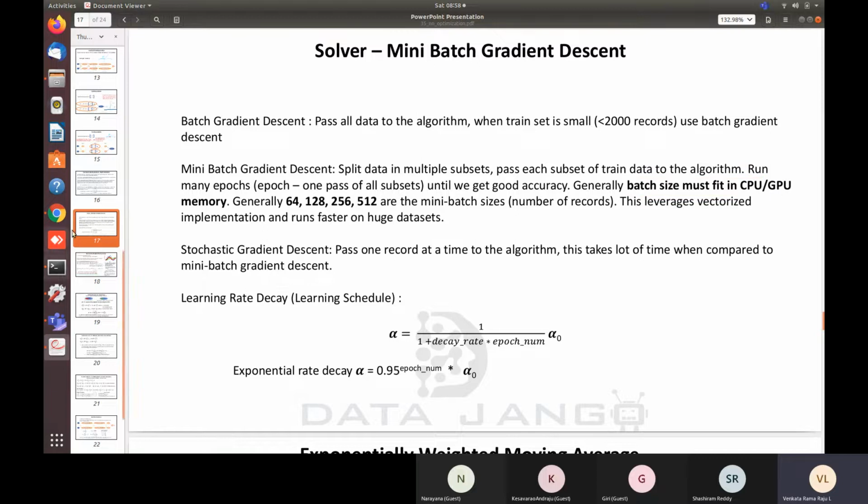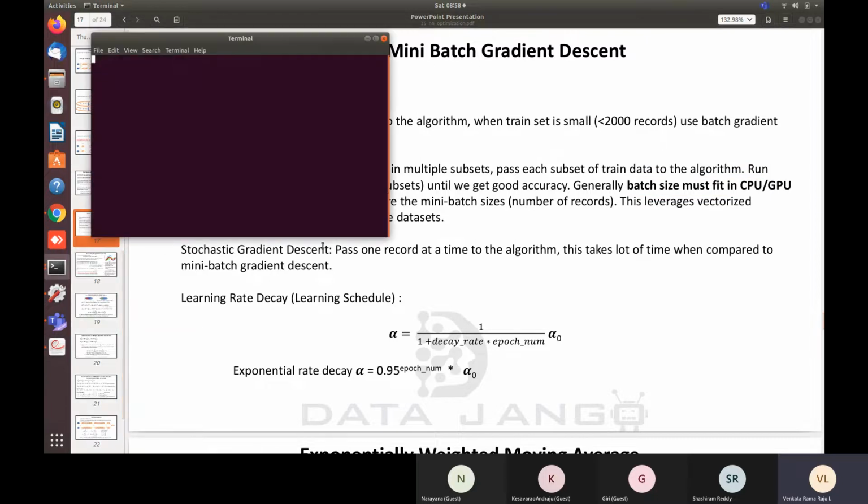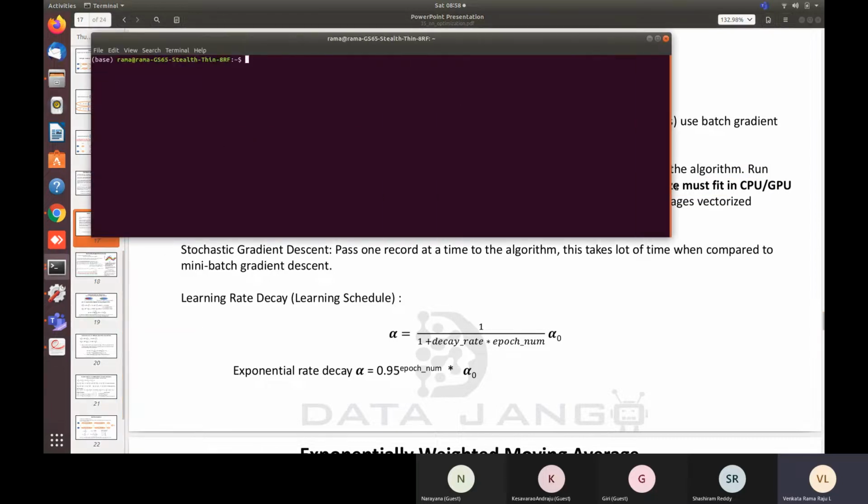If you look at my GPU here, and that too, only NVIDIA GPU will work. NVIDIA, spelling wrong, right? I forgot the NVIDIA spelling.